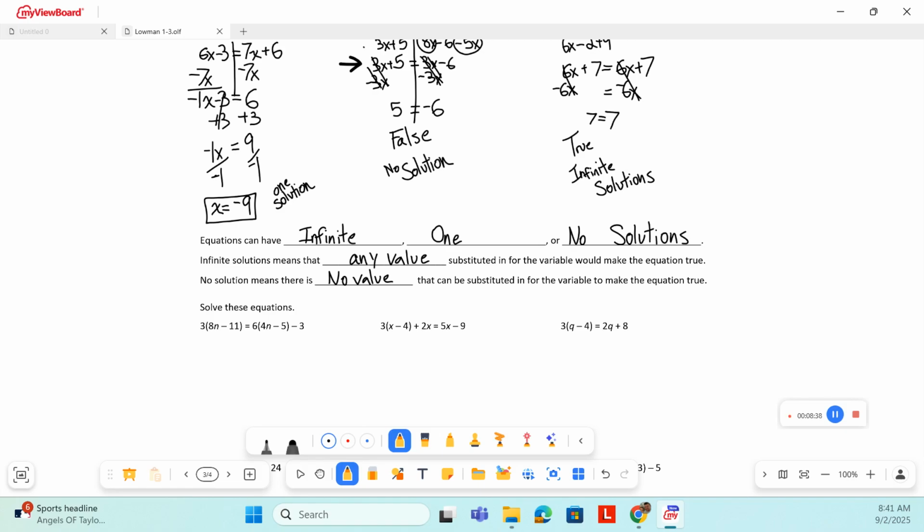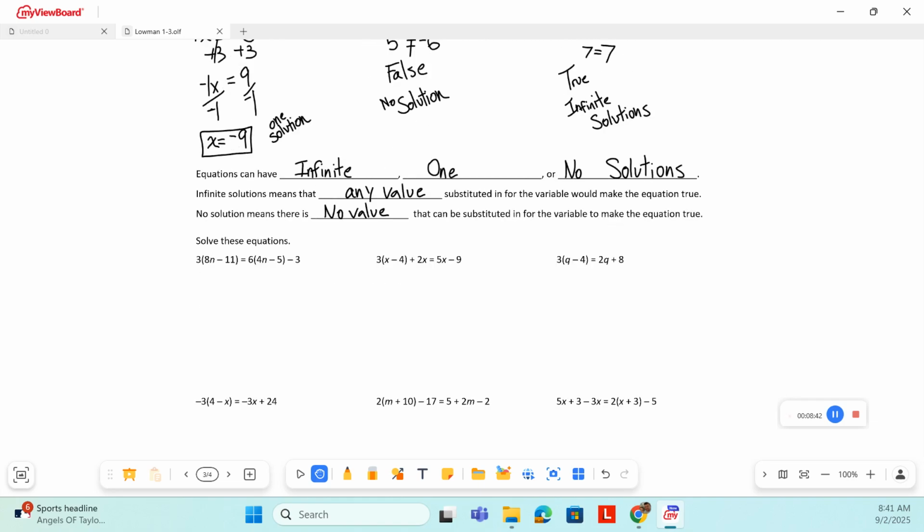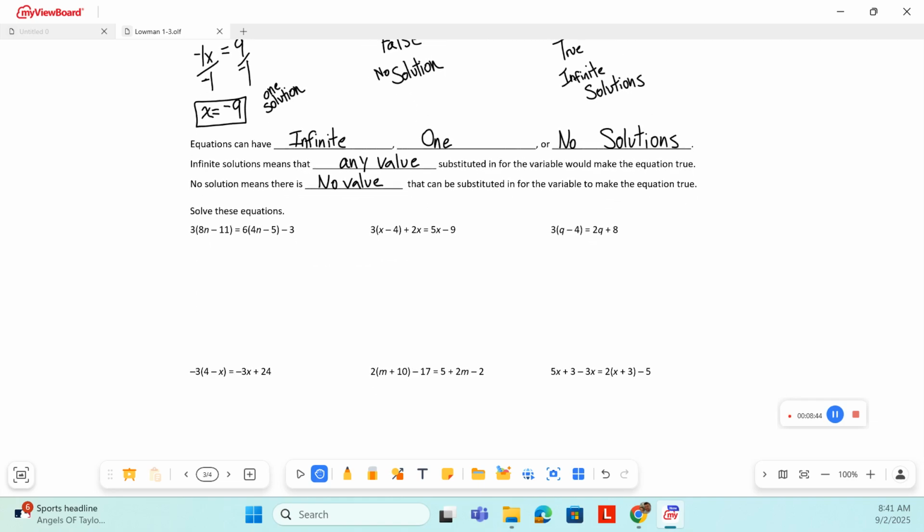So, as you're solving these, you will undoubtedly notice some that have either infinite or no solutions. But let's just work out one here just to try it out and see. So, do this one in the middle. I'll distribute. I'll go pretty quickly for the video.